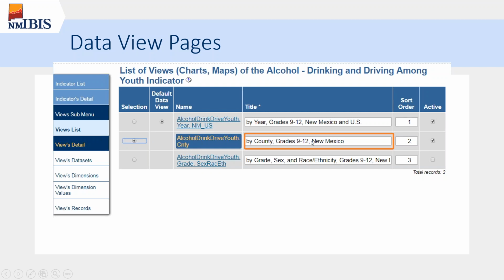So let's look at this county data view a little more closely. We have a view detail page that's similar to the indicator detail page, but at the view level. And again, you can get to the view detail page by clicking on the hypertext link, or you can just click on the radio button and go to the view page that you're interested in.